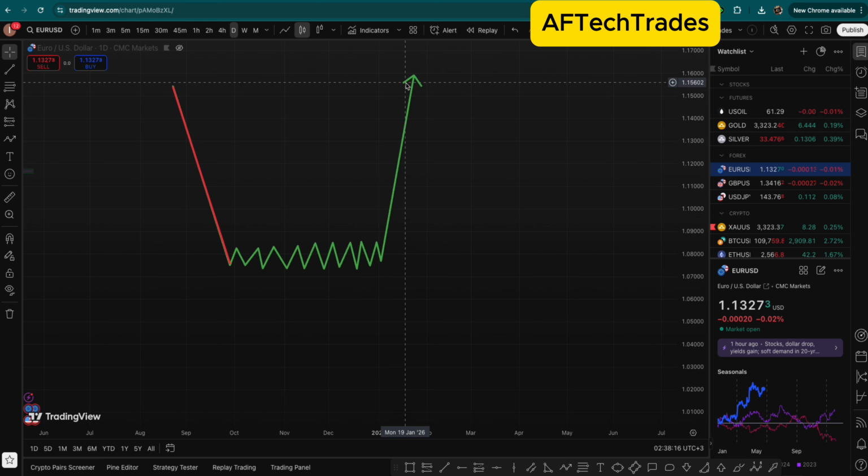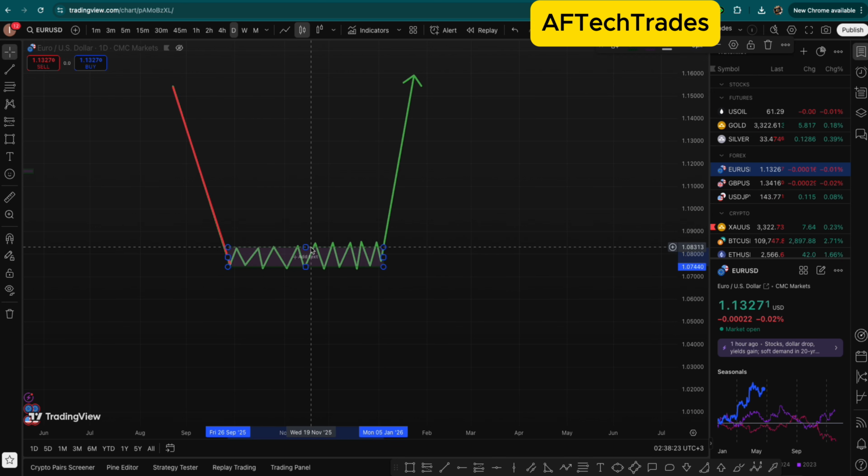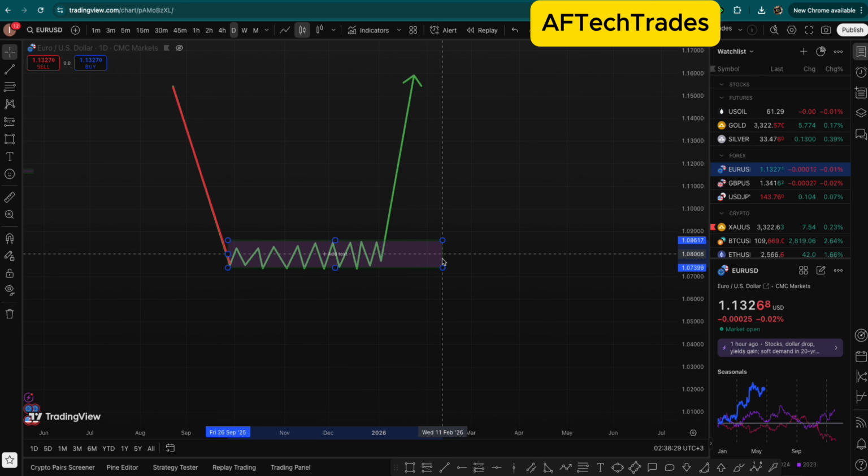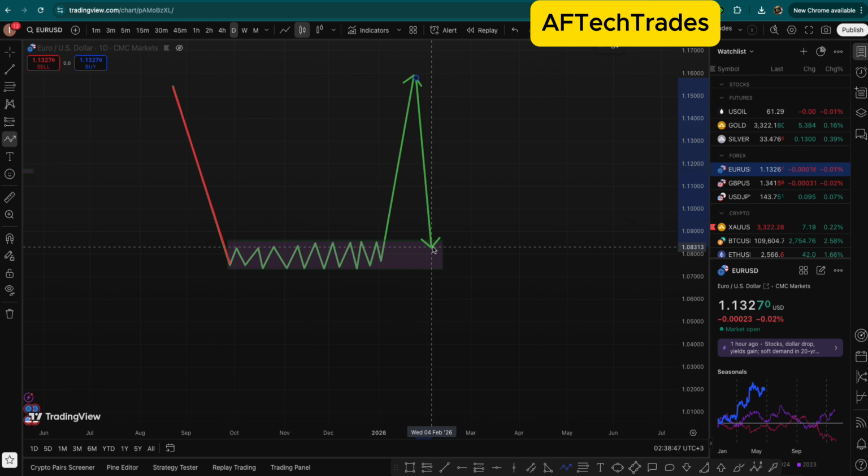So usually this side is called the demand zone. Here is usually the demand zone. So all these institutions and big players, this is what they do. They usually put their buy pending orders around this zone, because they expect the market to push back here.